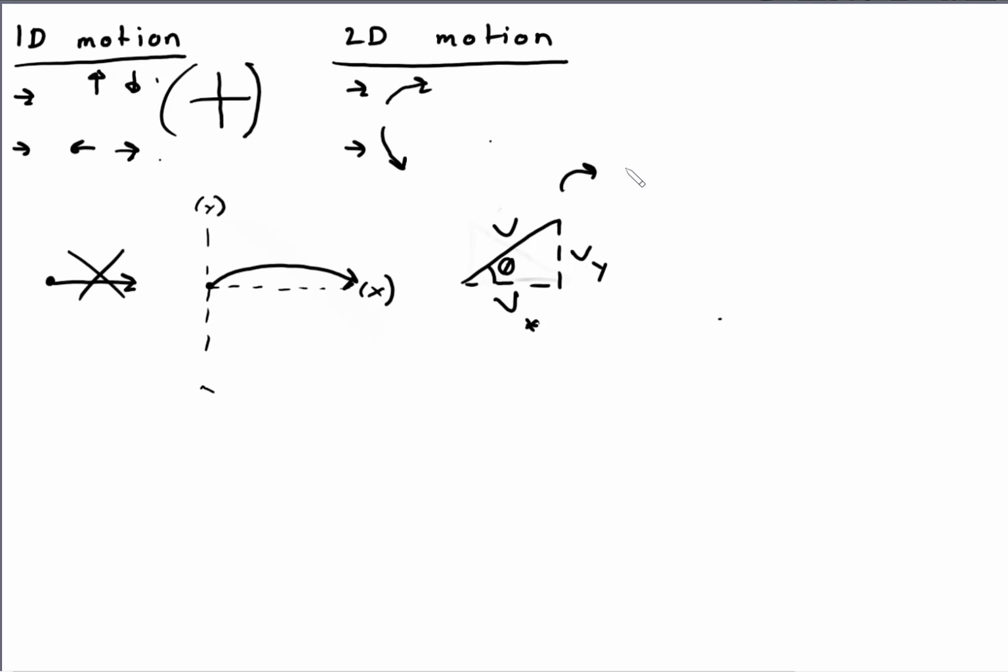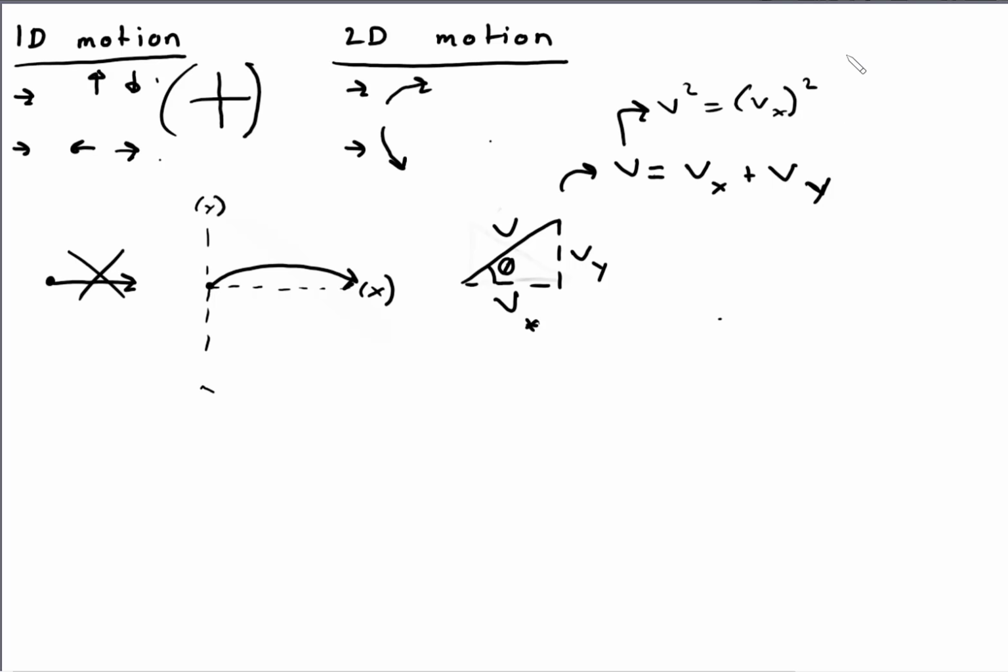First, our velocity vector is equal to the sum of our x and y vectors. So we can say that v is equal to v sub x plus v sub y. Now when you're doing this in actual physics problems, keep note that you do not simply add the magnitudes. This is a right triangle, so you have to use the Pythagorean theorem.